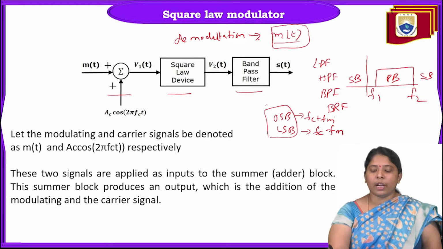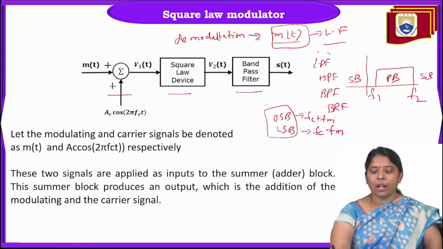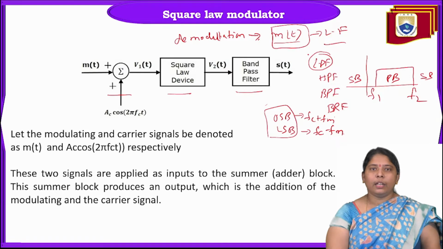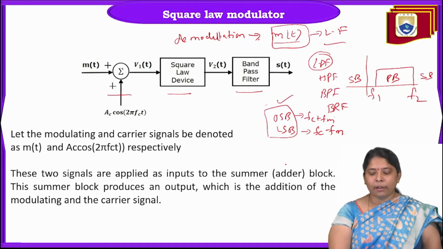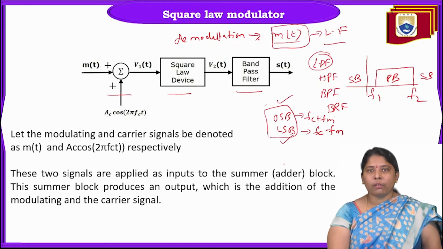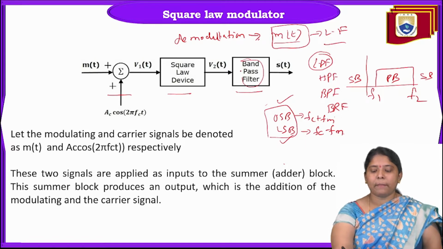So at the receiver, we want only the low frequency term, so obviously we are going to select the low pass filter at the receiver. But in the modulation, we want to transmit from lower side band to upper side band, some band of frequencies. So it obviously requires a band pass filter as the block.